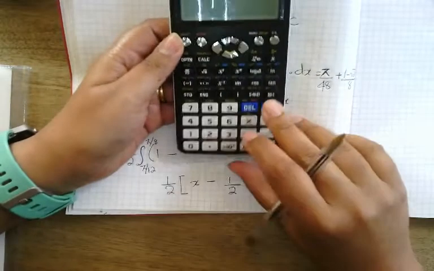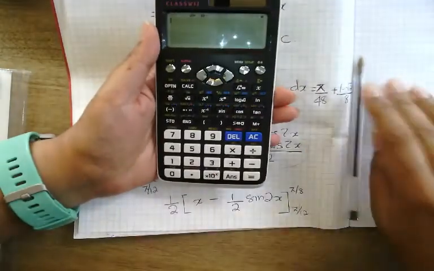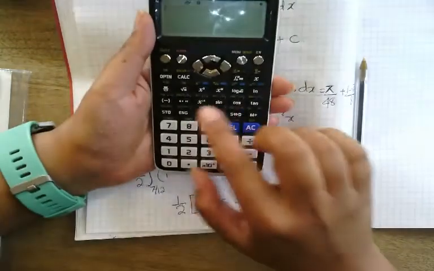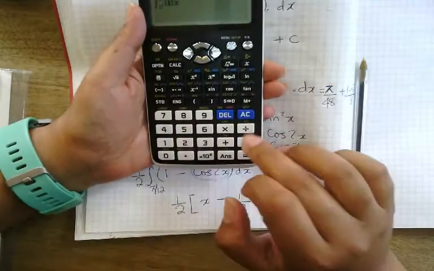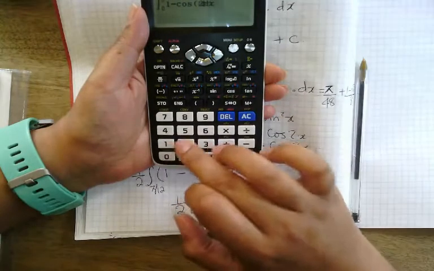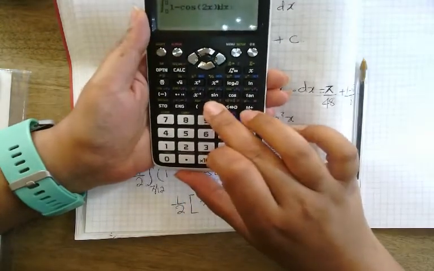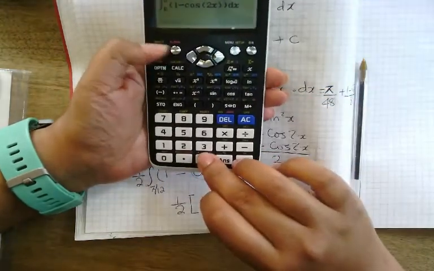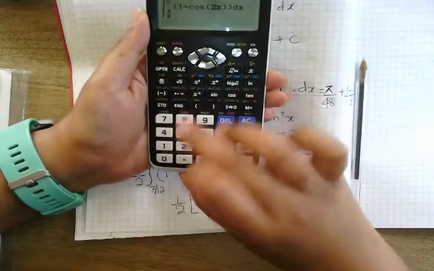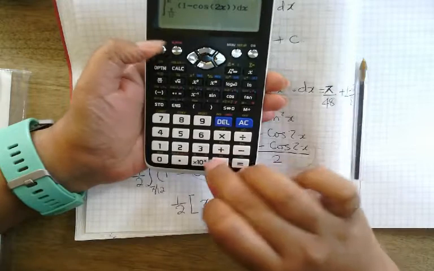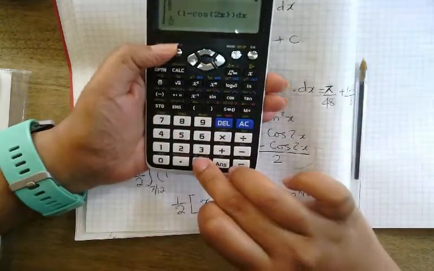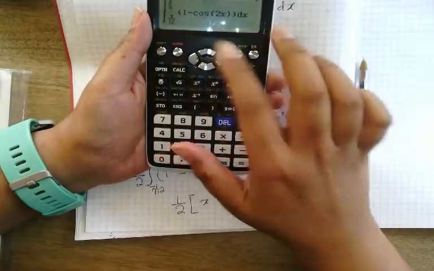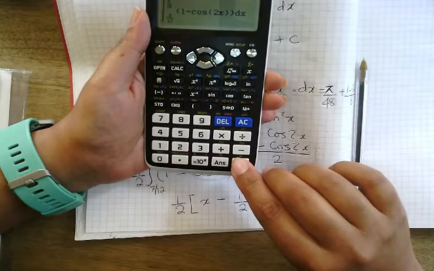So if I put in the question from the beginning, with pi by 12 and pi by 8, and press equals, will I get an exact value?